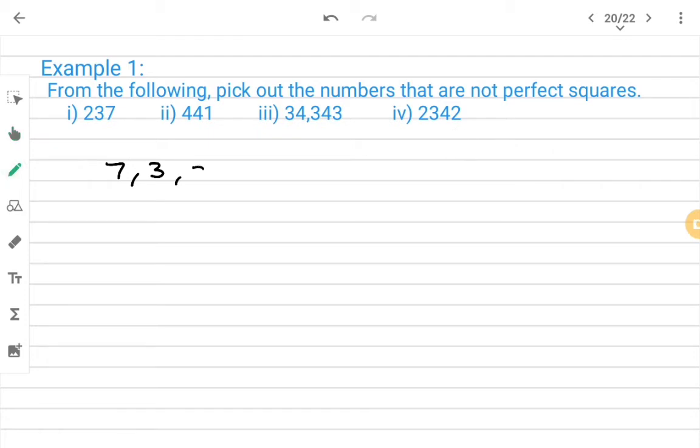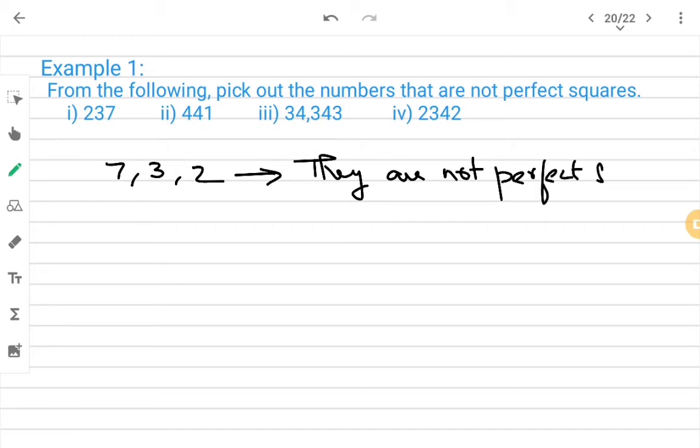No. That means if a number has 2, 3, 7 or 8 in the ones place, it is not a perfect square. Okay? Without calculating, you can judge whether it will become a perfect square or not.